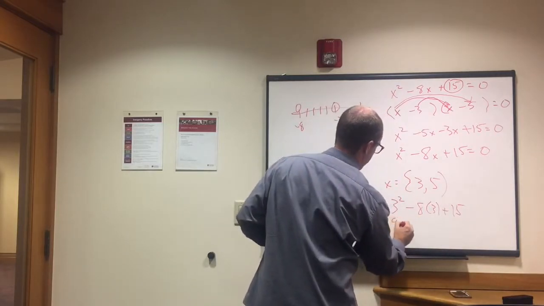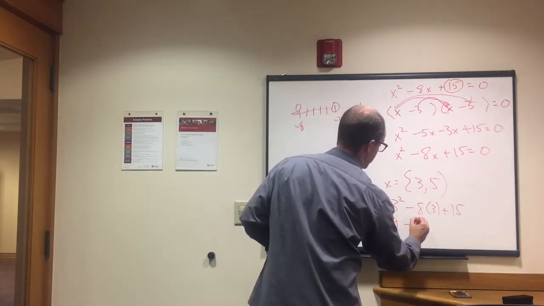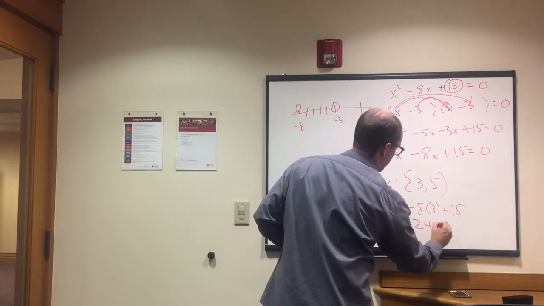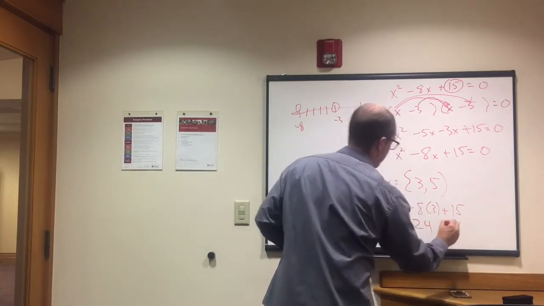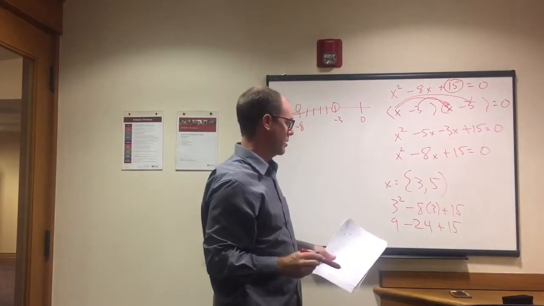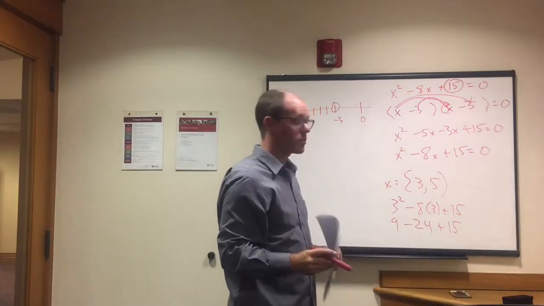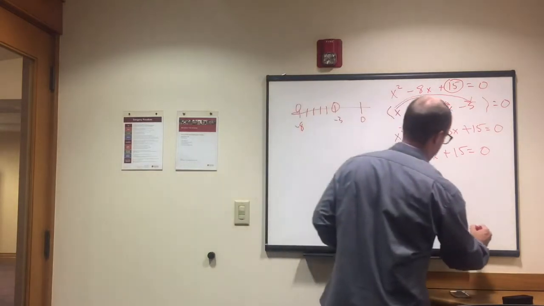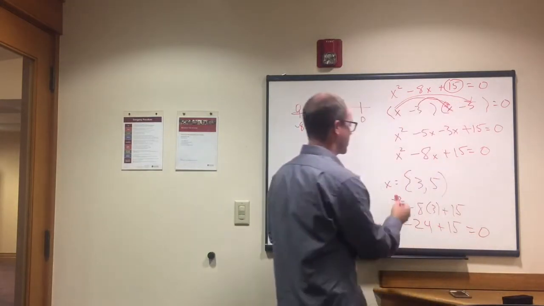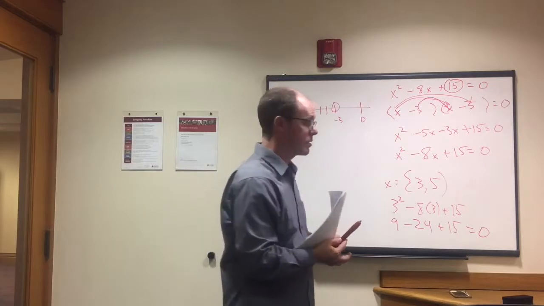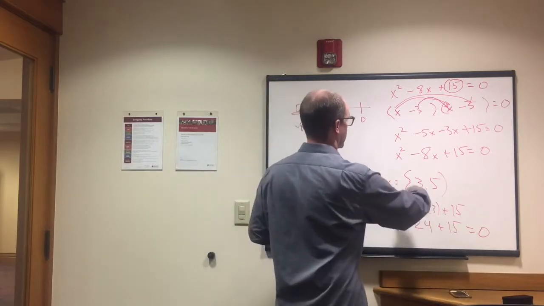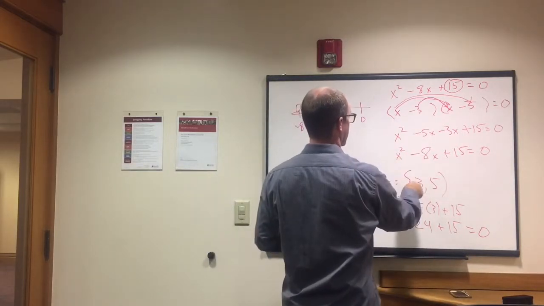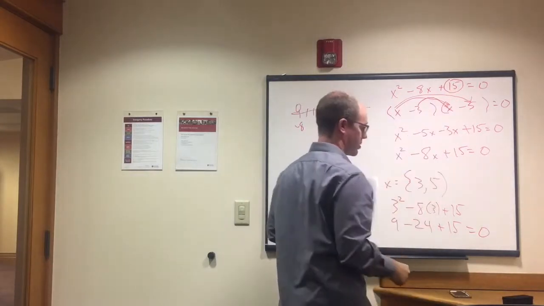So 3 squared is 9, minus 8 times 3 is 24, plus 15. 9 minus 24 is negative 15, plus 15 equals 0, right? You would get the same thing if you use 5. So that just proves that when we plug in 3 to this, we end up with 0.